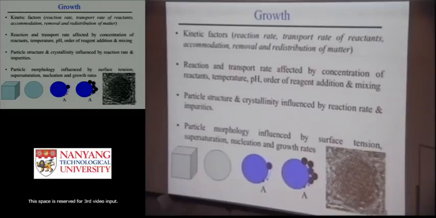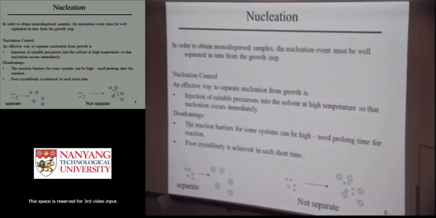Particle morphology can be influenced by the surface tension, the supersaturation, and the nucleation and growth rate. First of all, the nucleation and growth rate refers to this separation process. If you have fast nucleation, you stop the nucleation in the growth step already.